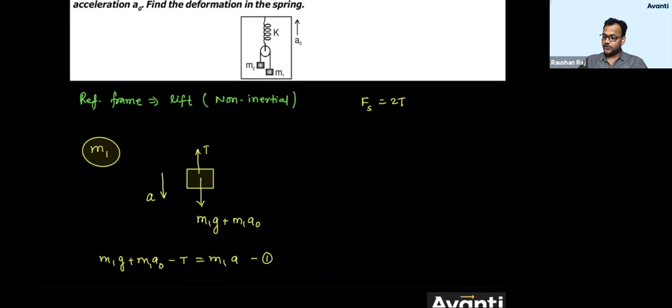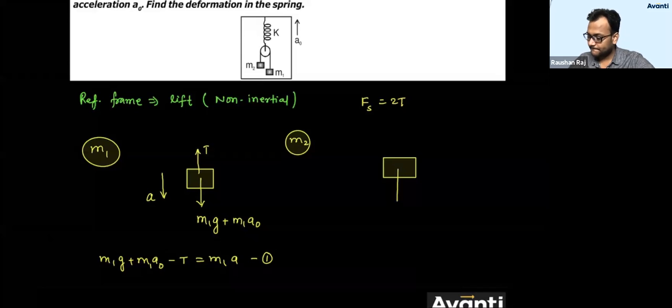If I ask you to draw the free body diagram of M2 block and write the force equation, it will look somewhat like this. At the bottom there will be M2g force. Here force will be tension. Here it will be M2g plus M2A0.